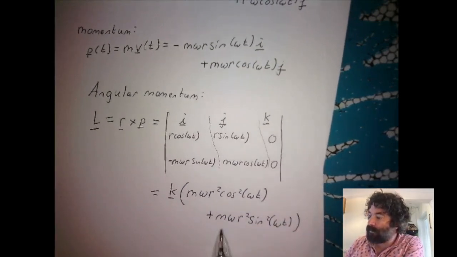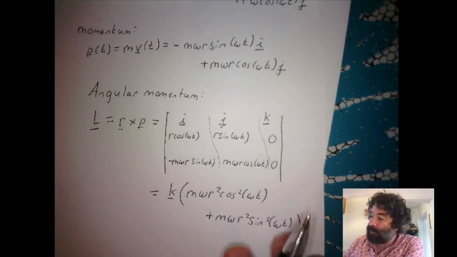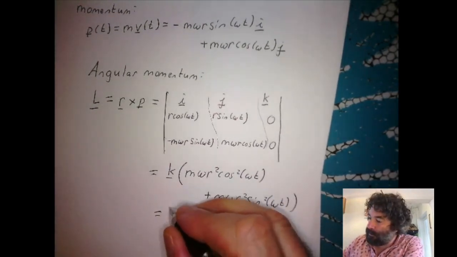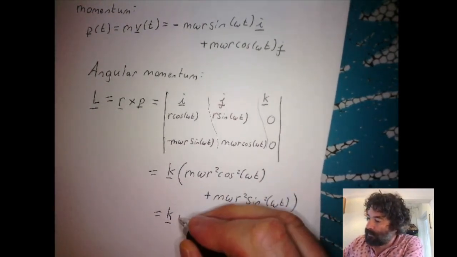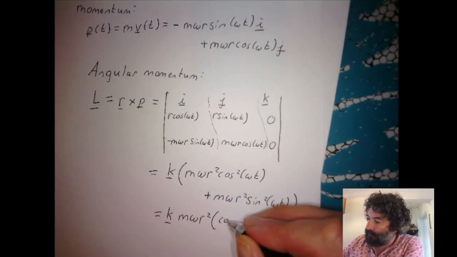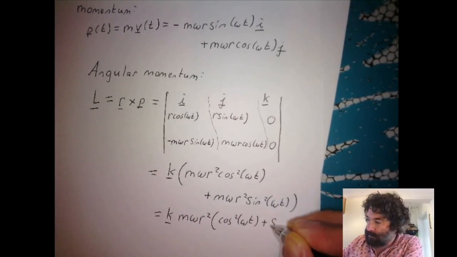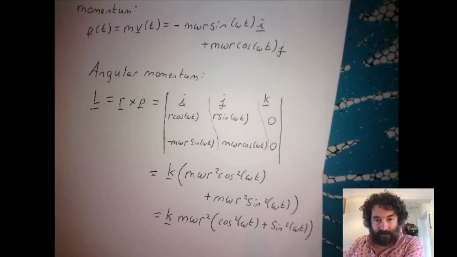All right, and so we can factor out the m omega r squared, which occurs in both of these terms, and we're left with k times m omega r squared times cosine squared of omega t plus sine squared of omega t.